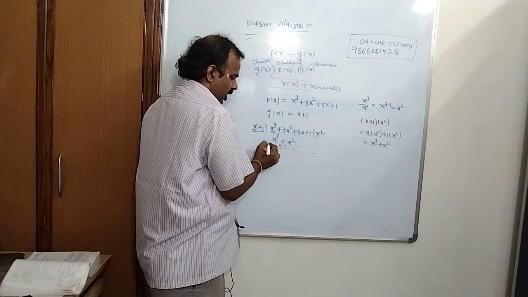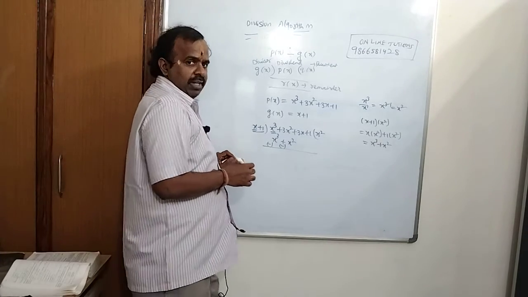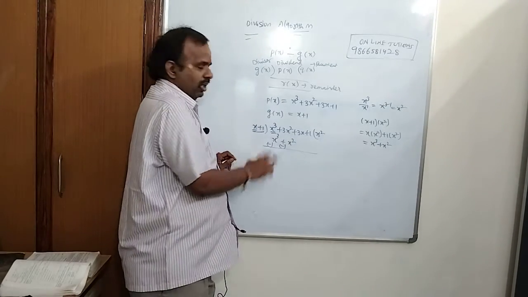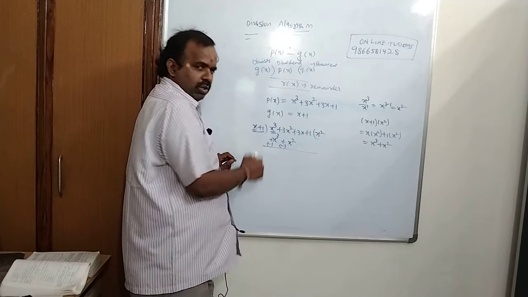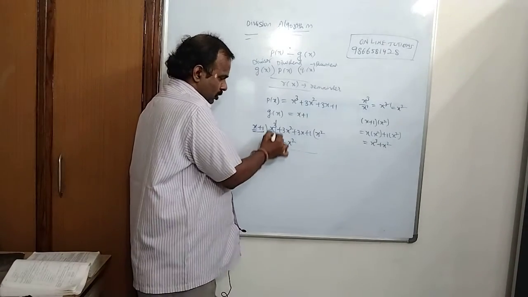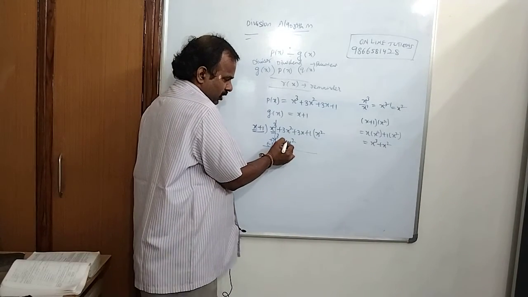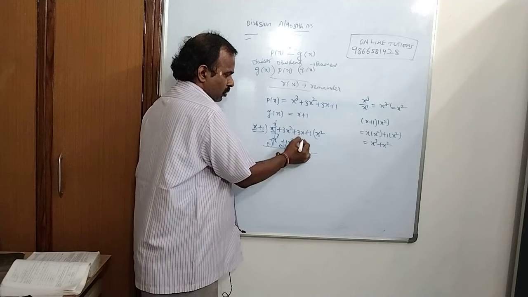We have to subtract. When you subtract, the signs of the second expression will change. Here it is plus, plus will become minus. So x cube minus x cube will get cancelled. The coefficient of x square is 3 minus 1, 2x square.